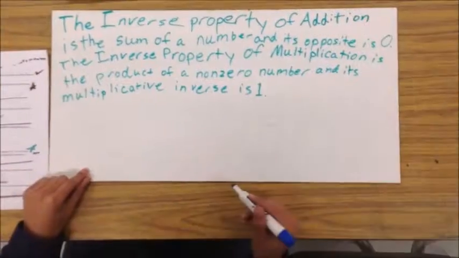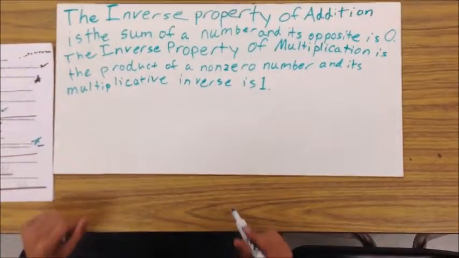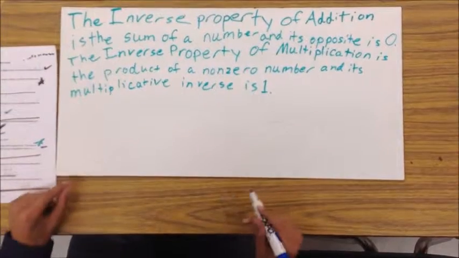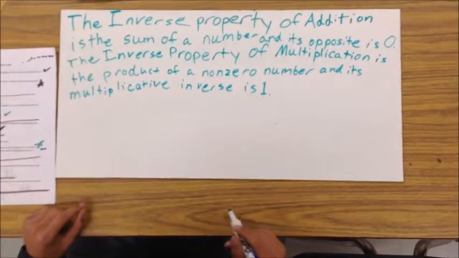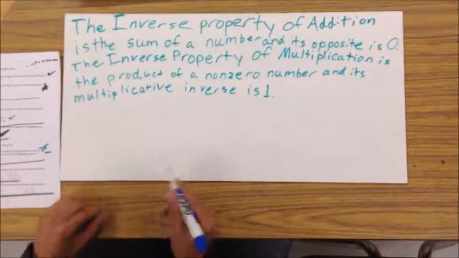The inverse property of addition is when the sum of the number and its opposite is 0. The inverse property of multiplication is when the product of a non-zero number and its inverse is 1.